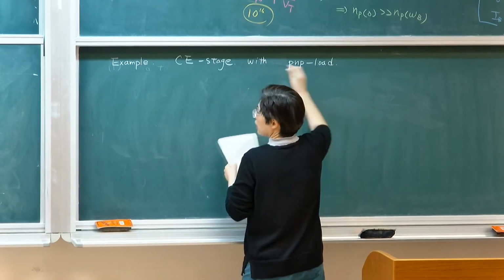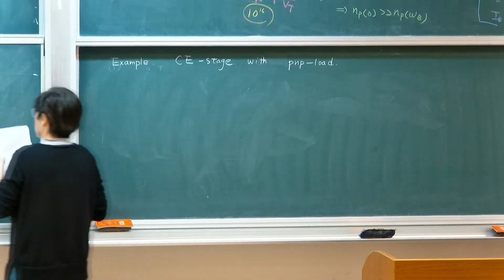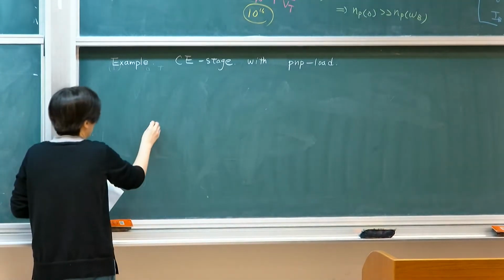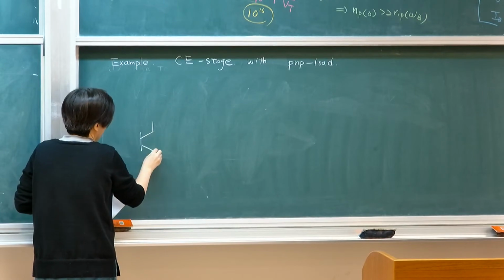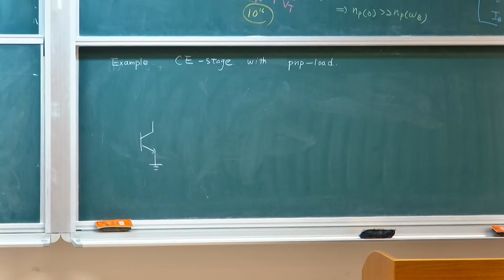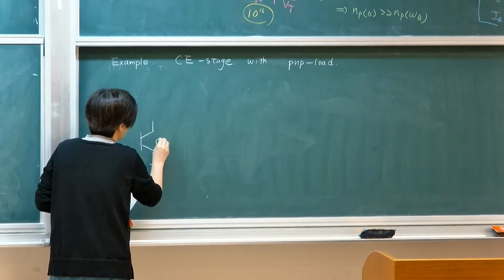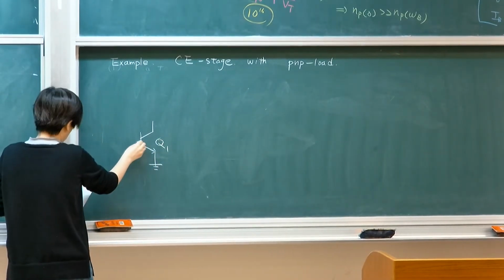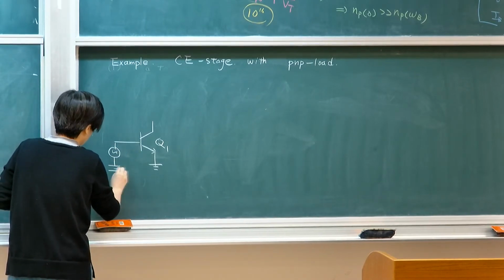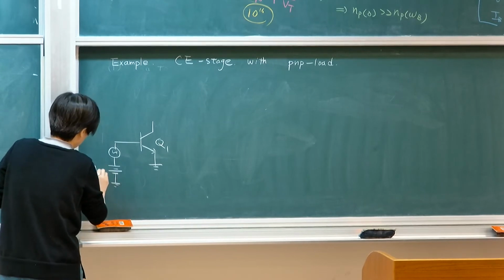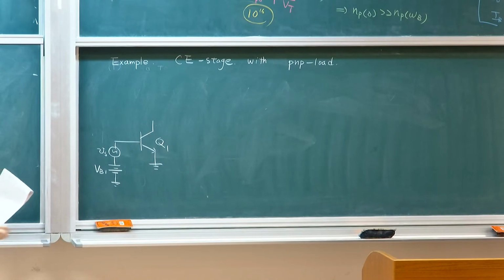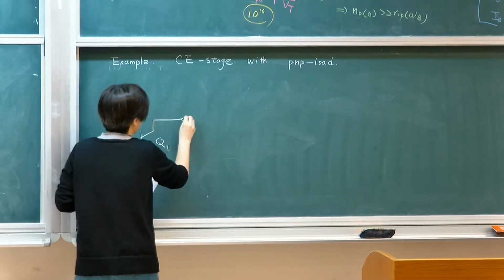This is more common than the example I used on the left. So what is a common emitter stage of an NPN? Let's say this is my transistor, Q1. This is the NPN transistor which we have already analyzed before. If you remember, I have a bias, I have a signal, and then this will be my output.